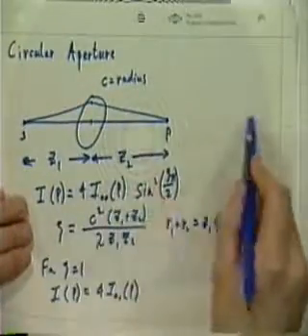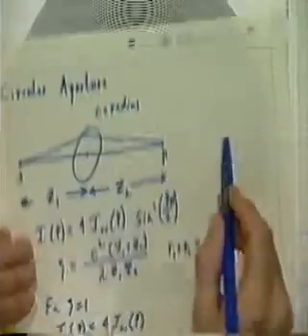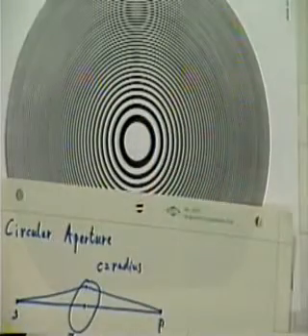If I move to different locations, I'm going to have a different number of Fresnel zones in each transparent portion here.